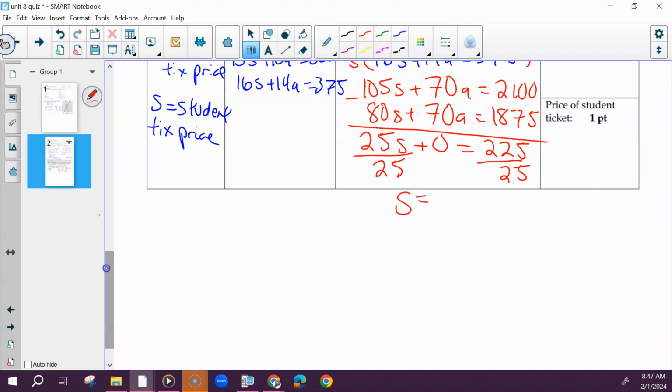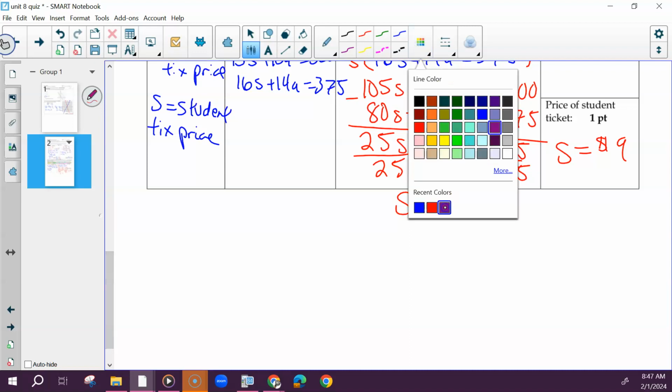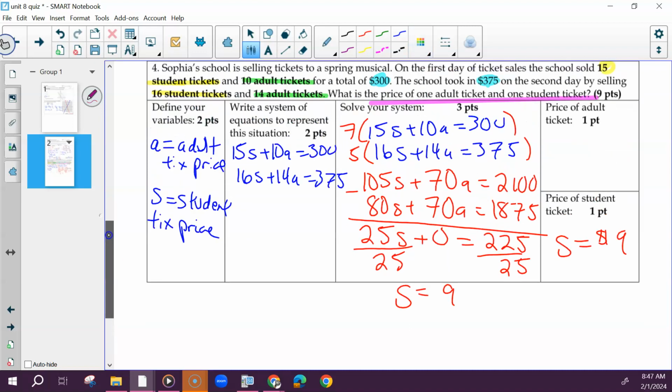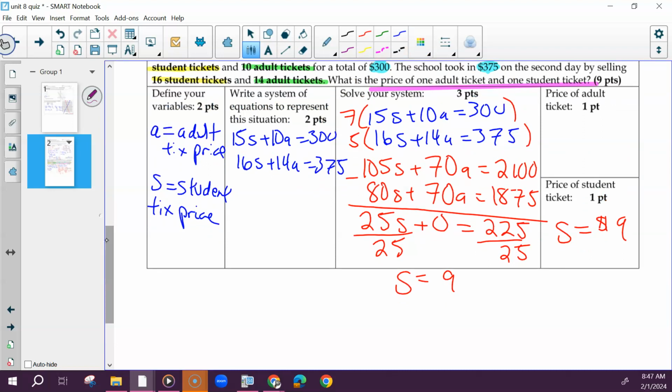So that s equals 9. And that was $9. So you should have had some unit, even if it says price of already, you should have some unit there. And then you can put that 9 back in one of the equations. It does not matter which one. Many of us, if we did this, used this one.